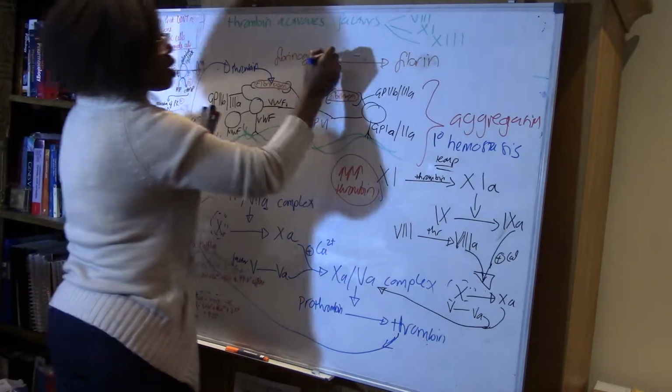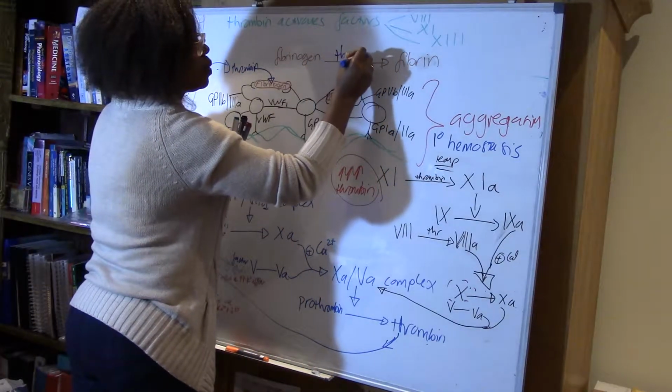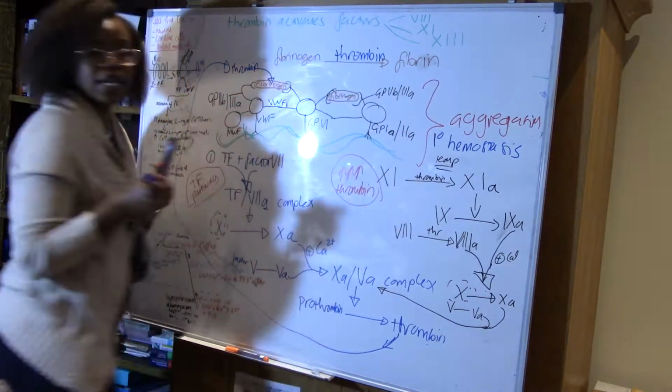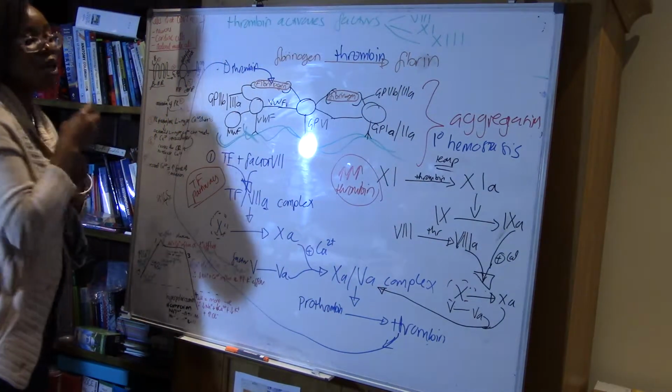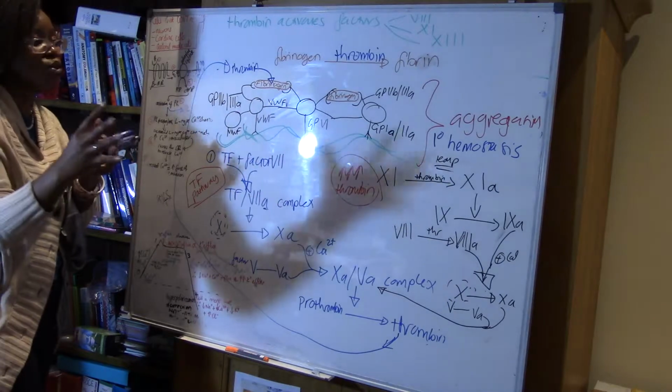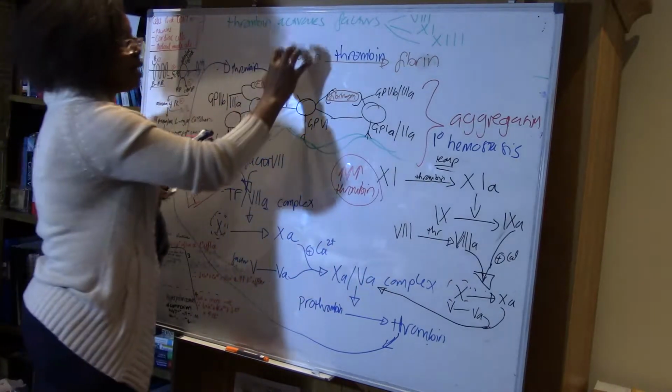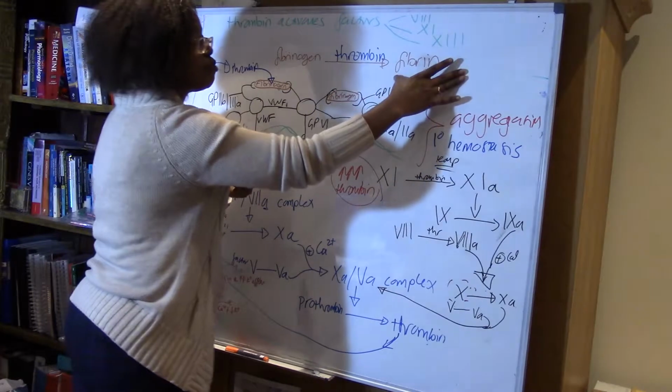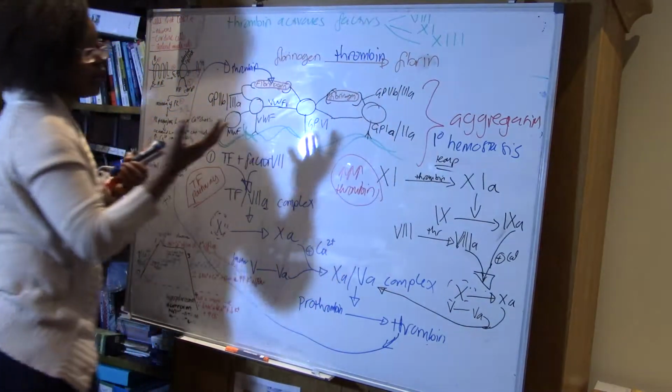And this is done by thrombin. Really, the definition again, what hemostasis sets out to achieve is to convert fibrinogen into fibrin under thrombin.